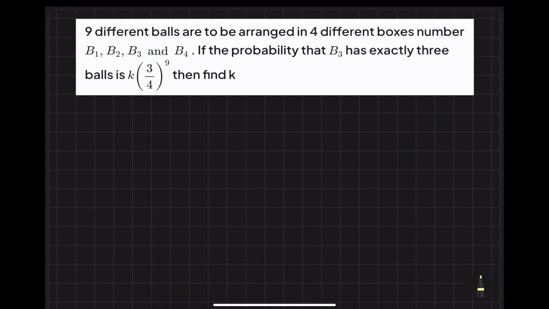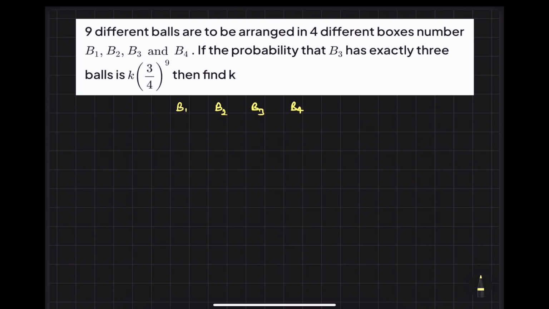So, we got a new problem which says 9 different balls are to be arranged in 4 different boxes. So, you have 4 boxes B1, B2, B3, B4. So, you have 4 different boxes and you have 9 balls. Balls are also different.